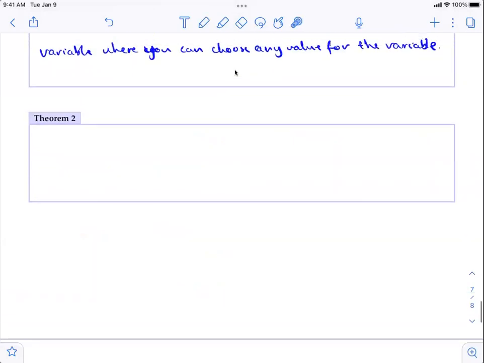All right, so the next theorem is that every homogeneous system of linear equations is consistent.